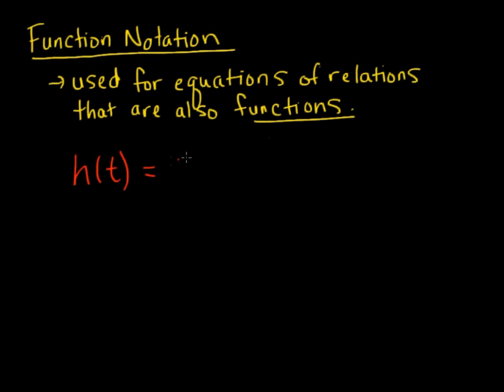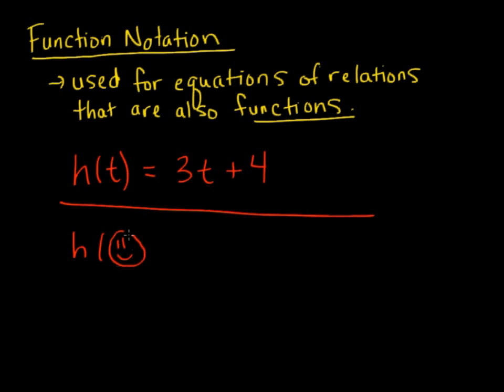Now, it doesn't always have to be x and y values that we're working with. We could have other variables as well and still use function notation. So here's an example using, let's say, height and time. So h of t is equal to 3t plus 4. And let's say I want h of happy face. So I want to know what's the value of the function when t is equal to happy face. I can put in anything I want to using function notation.